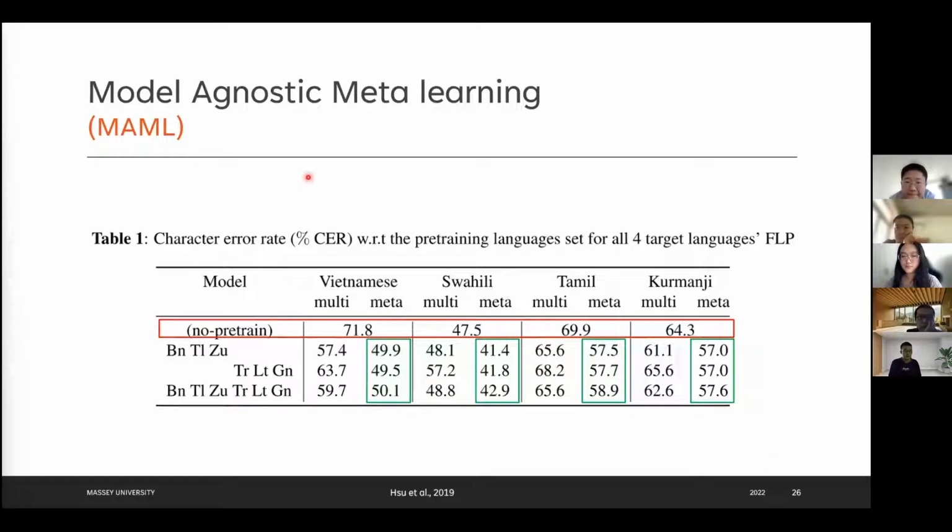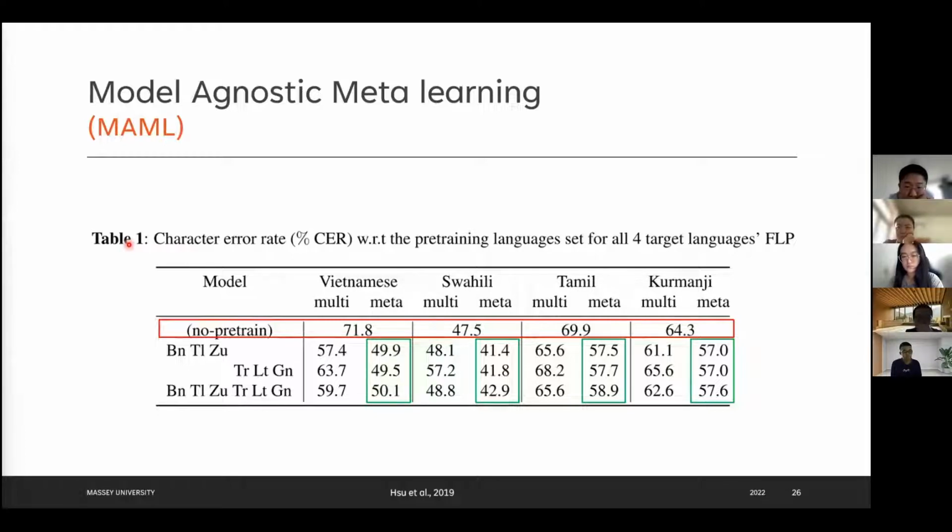So these are the results with respect to low resource languages. This is the paper presented by HSU. It represents the character error rate. They have compared the model with no pre-training, multilingual training, and meta training.